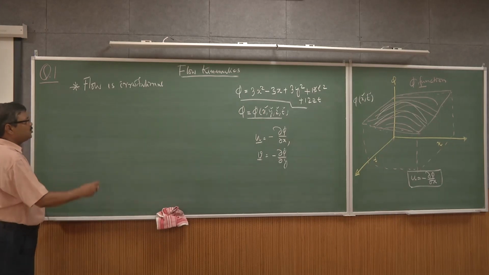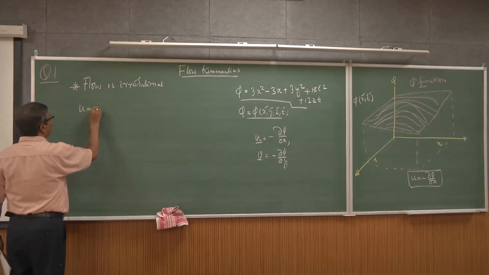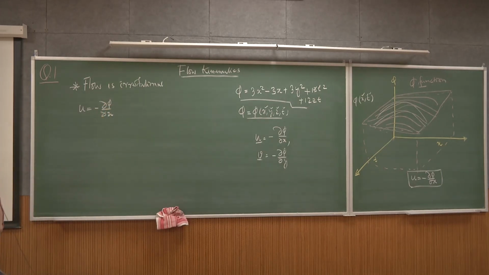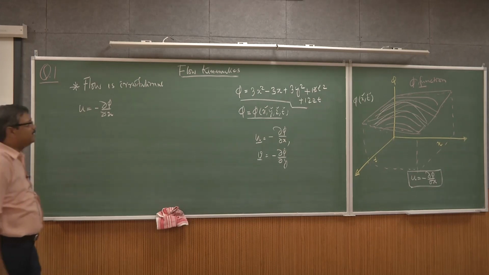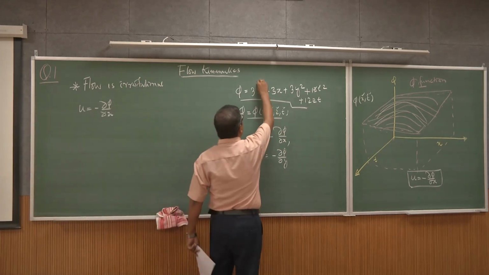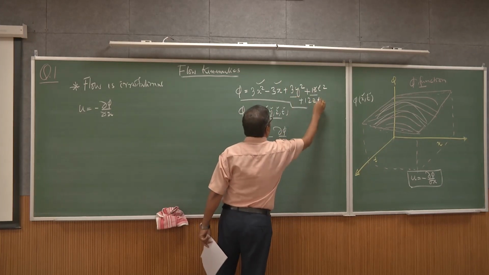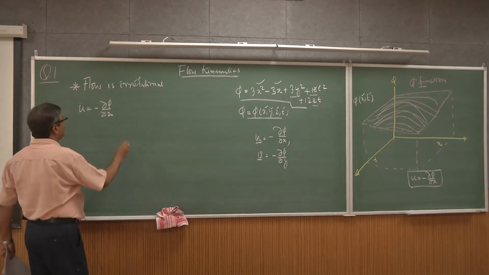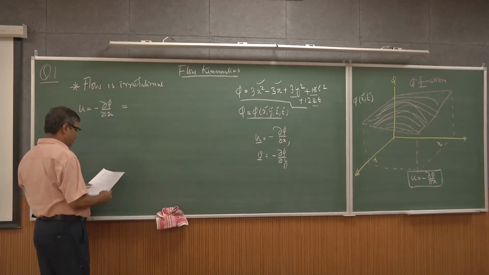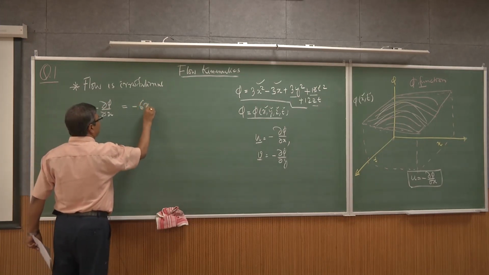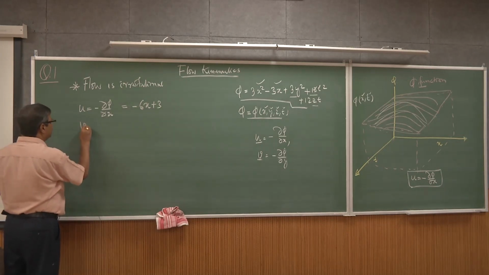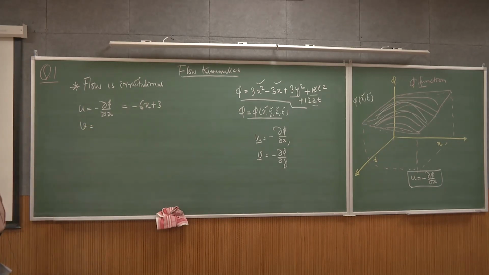If I compute the partial derivative of phi with respect to x, except for these two terms I don't have an x term here, so those terms become 0. Doing the partial derivative, I get minus 6x plus 3.